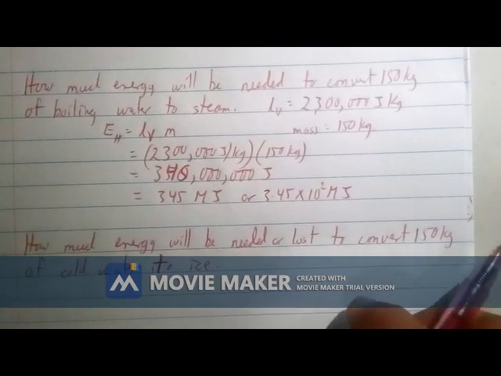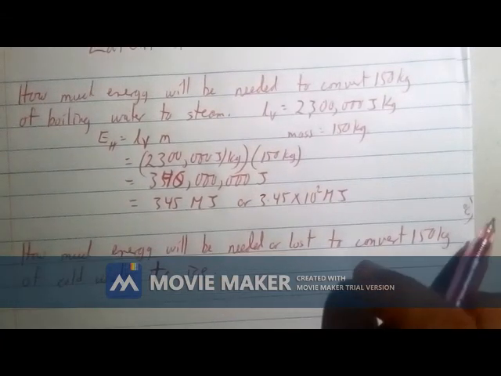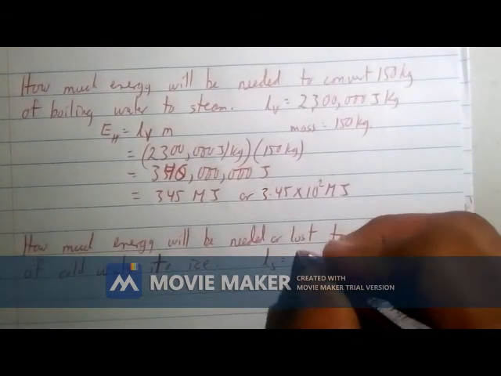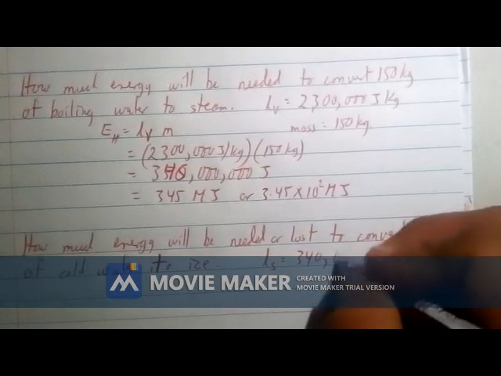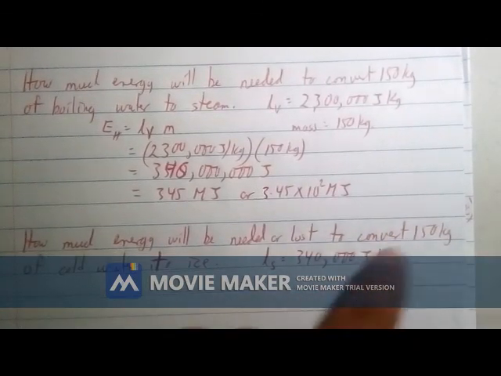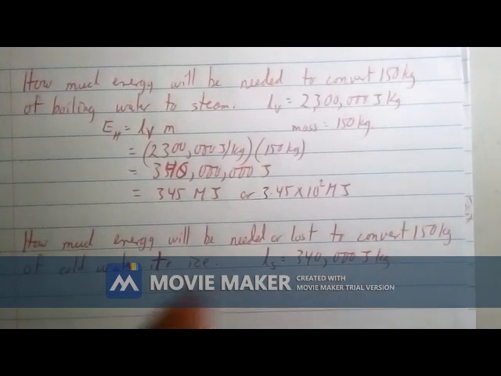What happens here is that the latent heat of solidification is 340000 joules per kilogram.